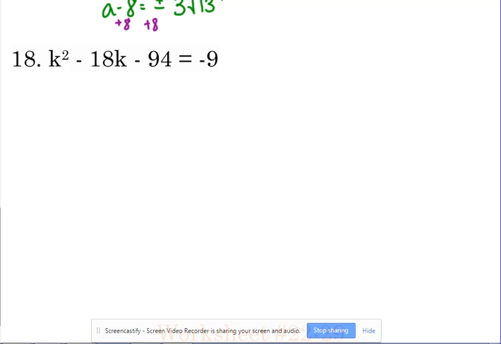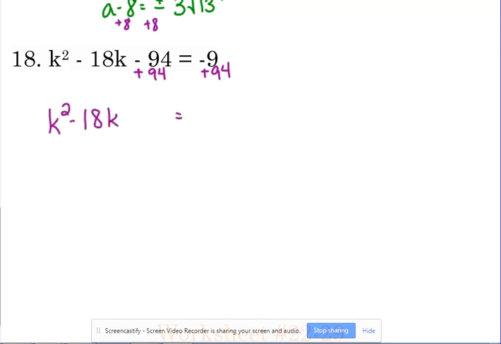Let's look at number 18 as well, just so we can make sure everybody's got this before we practice it a little bit. Okay, number 18 is k squared minus 18k minus 94 is equal to negative 9. So we've got to move that constant of 94 to the other side. This time there was already a constant over there, so we're just going to combine those terms.